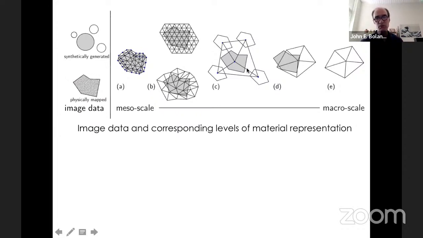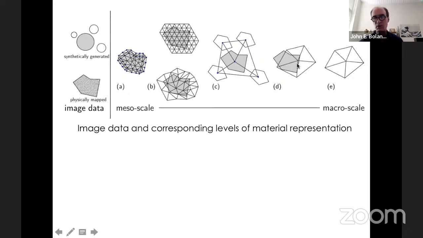So let's take it one step coarser and say that there's a node at the center of each aggregate, centroid or some other place within each aggregate, so that one element represents two aggregate particles and the matrix material that lies between the two particles.